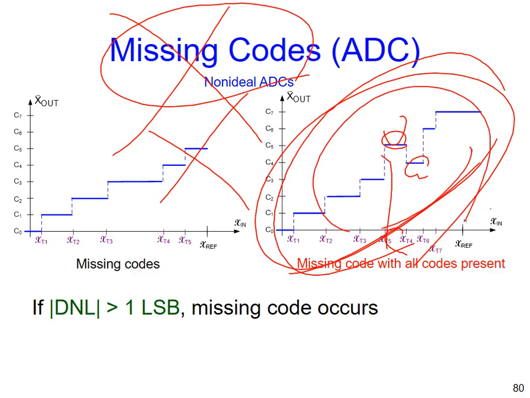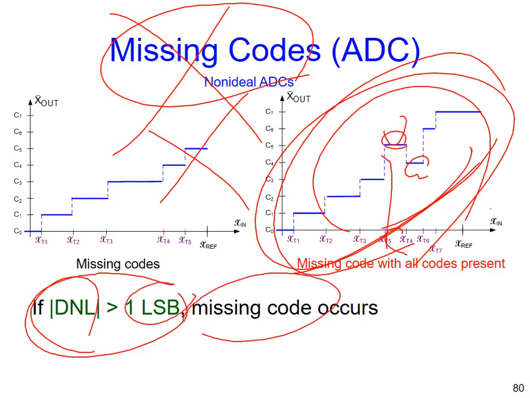Anyway. An even more important idea for you is if DNL is larger than 1 LSB, I promise you, missing code. Why? Because ideally, DNL should be 0.